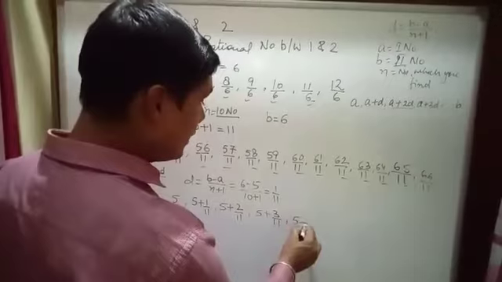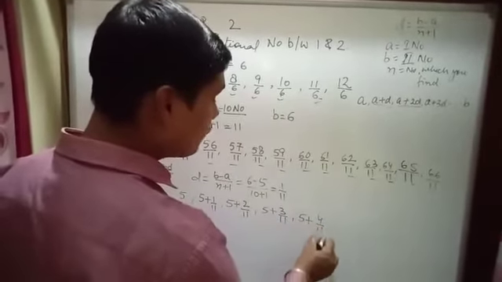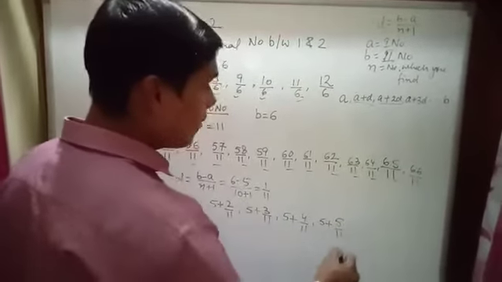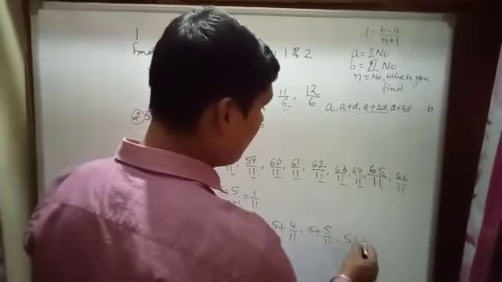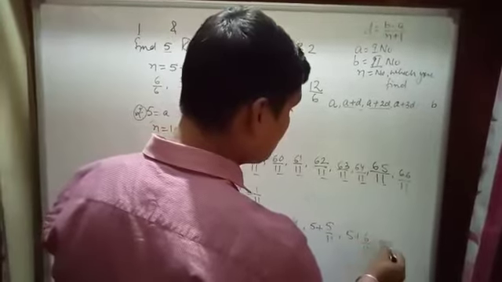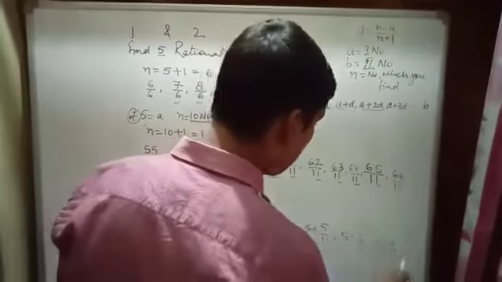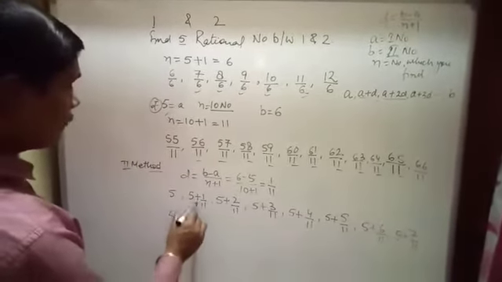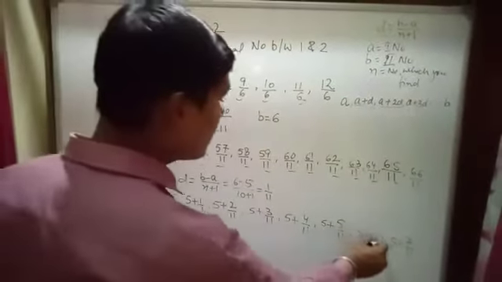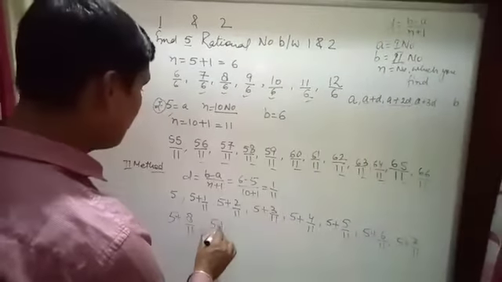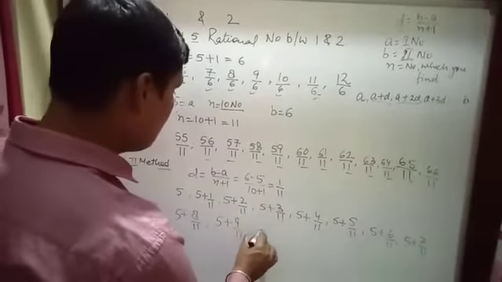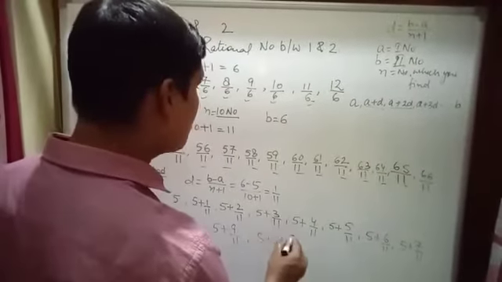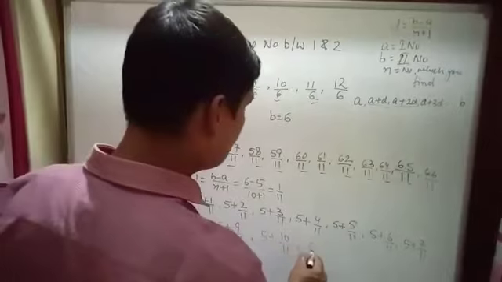In the preceding way, you will write 5 plus 4 by 11, 5 plus 5 by 11, 5 plus 6 by 11, 5 plus 7 by 11, 5 plus 8 by 11, up to 10 numbers: 1, 2, 3, 4, 5, 6, 7, 8, 9, 10, and the last number which is given to us is 6.